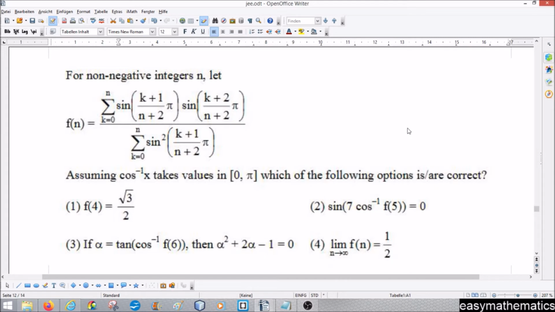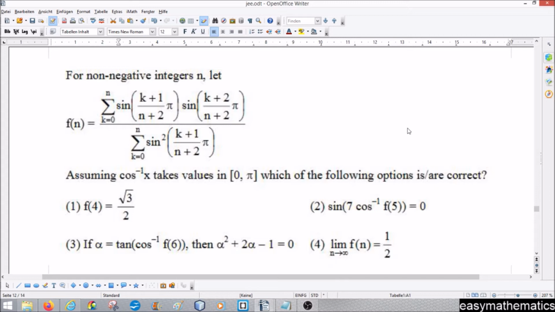Assuming the inverse cosine takes values in the closed interval from 0 to pi, which of the following options are correct? F of 4 is square root of 3 over 2. Sine of 7 times the inverse cosine of f of 5 is 0. If alpha is the tangent of the inverse cosine of f of 6, then alpha squared plus 2 alpha minus 1 equals 0. And fourth, the limit as n goes to infinity of f of n is 1/2.